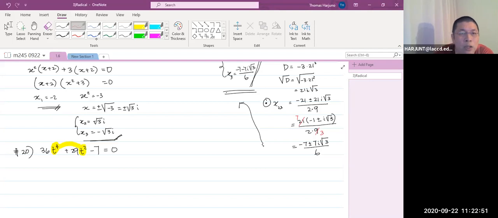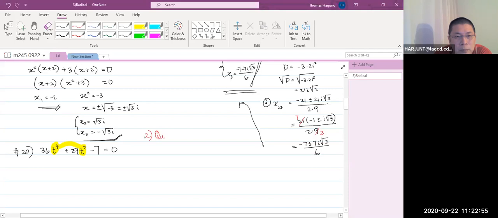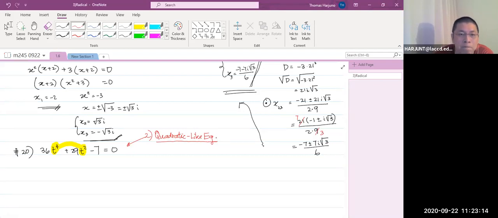Now we will use the technique of quadratic-like equation. Quadratic-like equation is not a quadratic equation, but with some appropriate substitution, it becomes a quadratic equation.